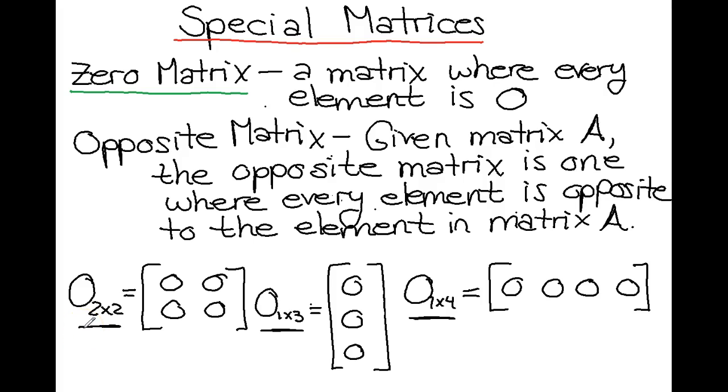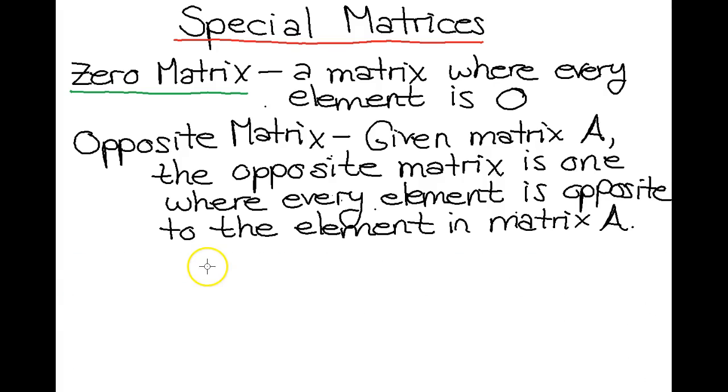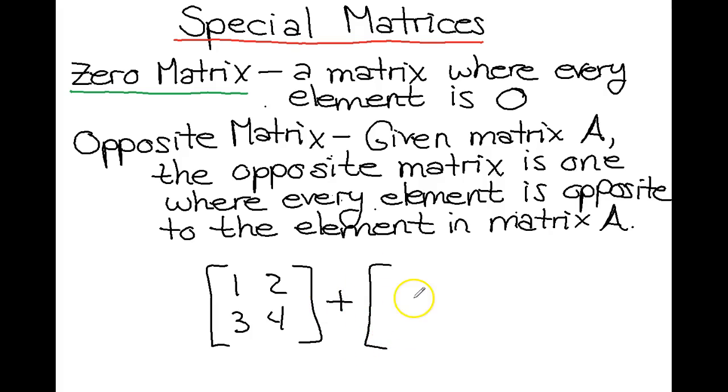Why do I even care? Well, let's take a look at an example where we add the matrix 1, 2, 3, 4 to the 2 by 2 zero matrix.